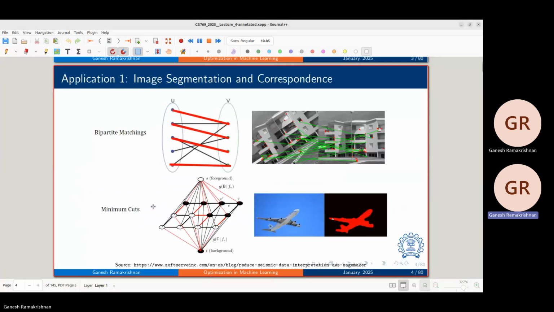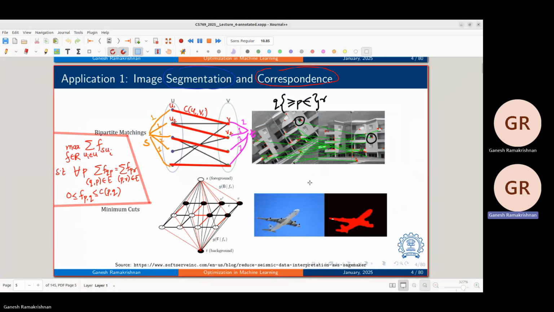While images speak 1,000 words, we concluded last class with this image segmentation problem. If you're looking at the problem of finding correspondences between two images, the image on the left, which is a tilted version of the image on the right, you are looking at correspondence of points. It's a bipartite matching problem.